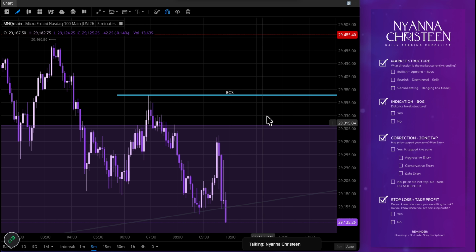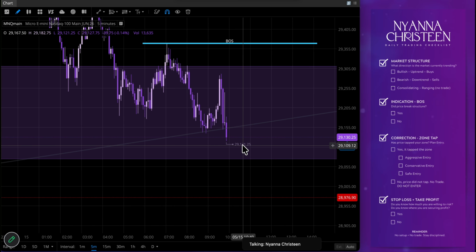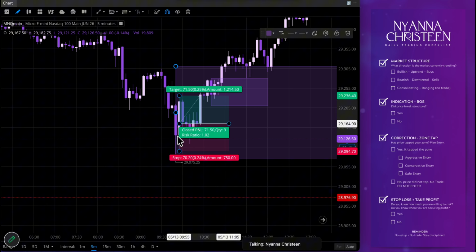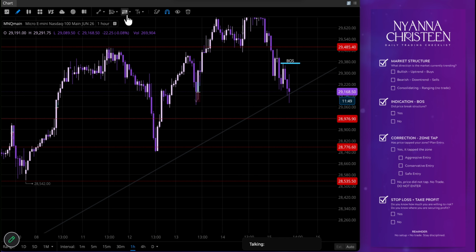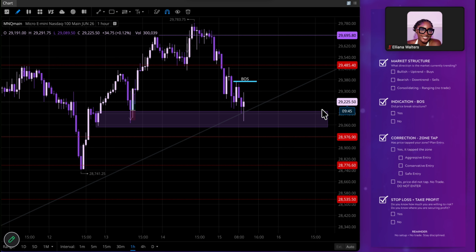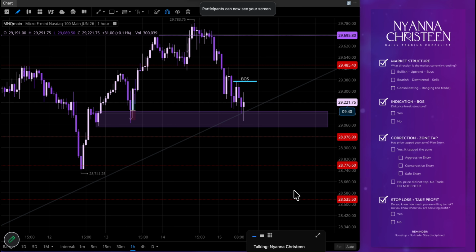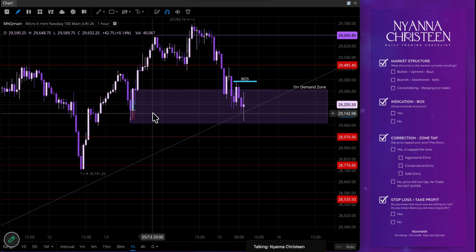Ooh, it broke the trend line. Let me see. I was just saying, I see another zone, which is this one. Both are still pretty valid because it never invalidated this one.